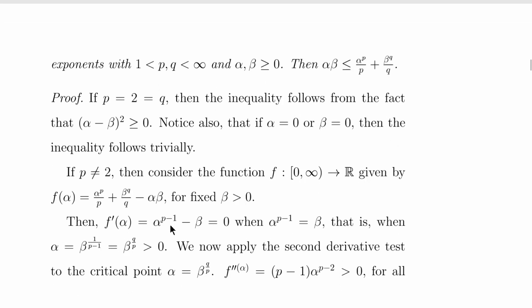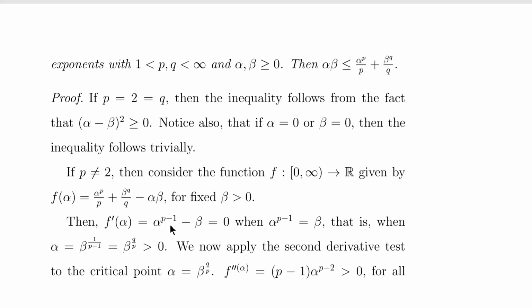If p and q are 2, then the inequality follows from the fact that alpha minus beta whole squared is non-negative, so we get the result. Also, if alpha is equal to 0 or beta is equal to 0, the result holds trivially.